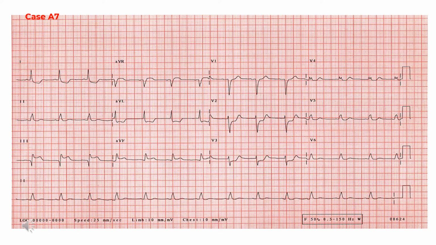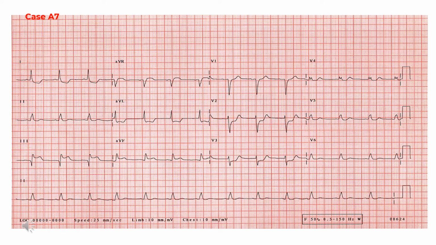The R wave progression in the precordial leads is delayed. The R wave height in leads V2, V3 and V4 is the same in all leads and smaller than expected.